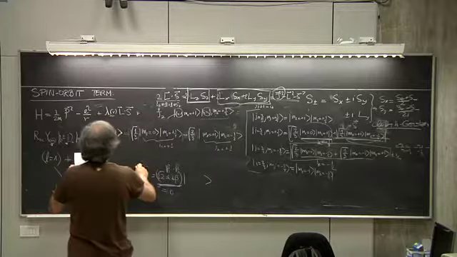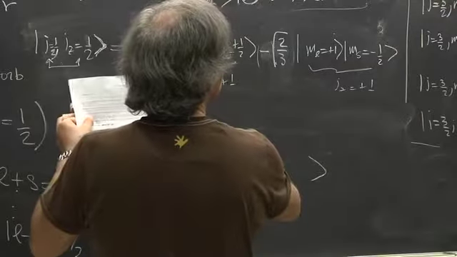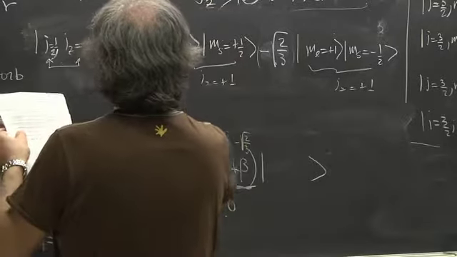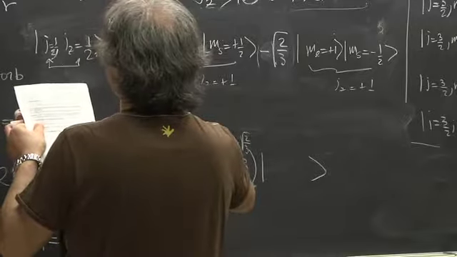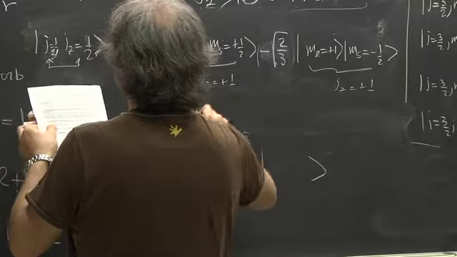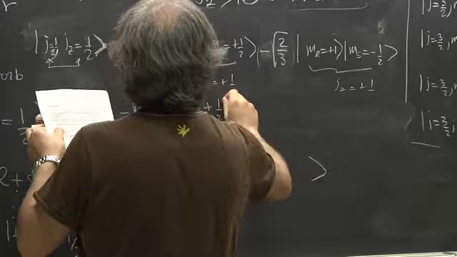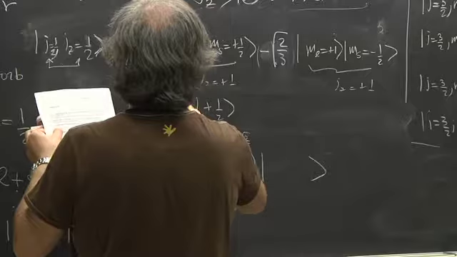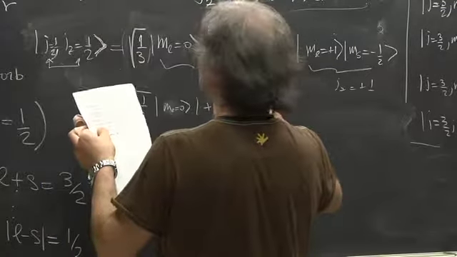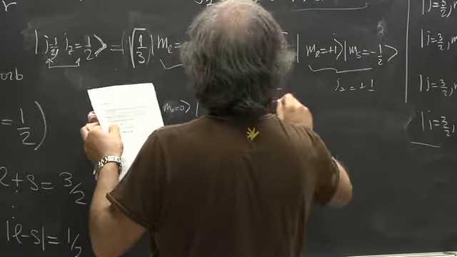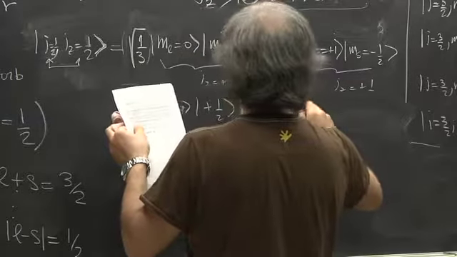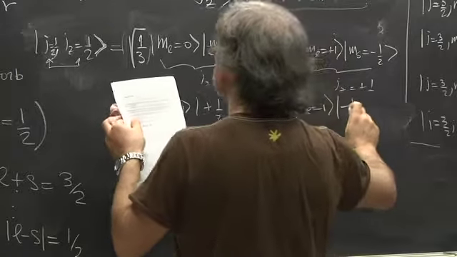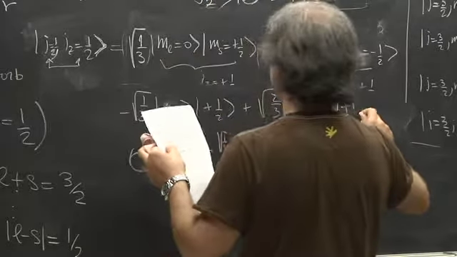It would be minus root 1 over 3, 1, 0, plus 1/2, sorry, 0, and plus root 2 over 3, M_L equal to minus 1, plus 1/2.